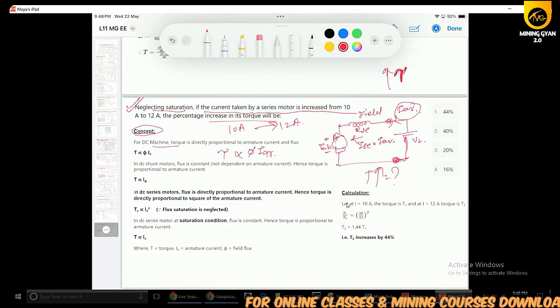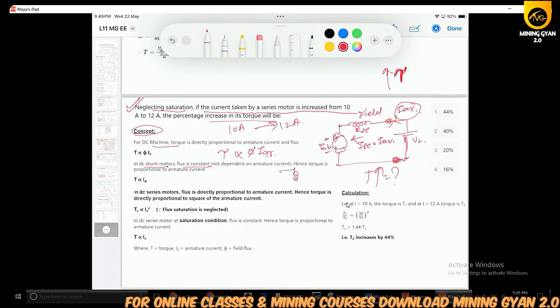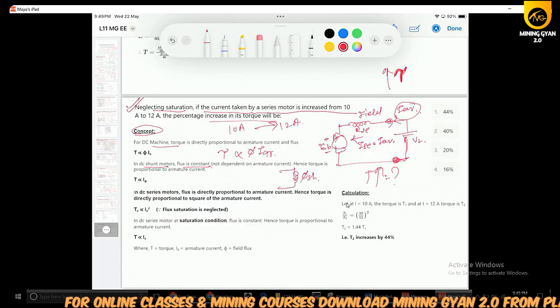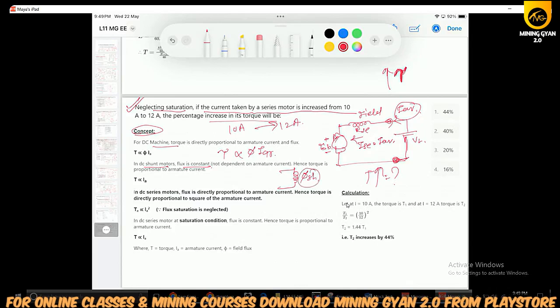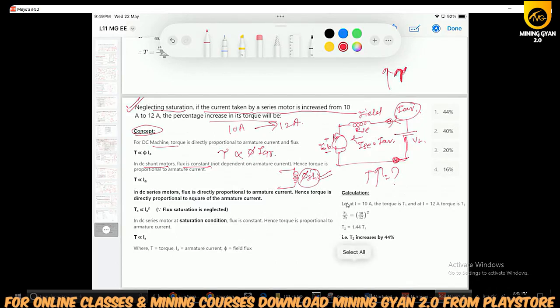So in case of a DC shunt motor, the flux is constant. Shunt, it will take phi sh only. After this the flux will get saturated. Hence the torque is proportional when phi sh is constant, right? So you will get torque directly proportional to Ia only, because when the Ia increases or decreases, accordingly torque will increase or decrease.